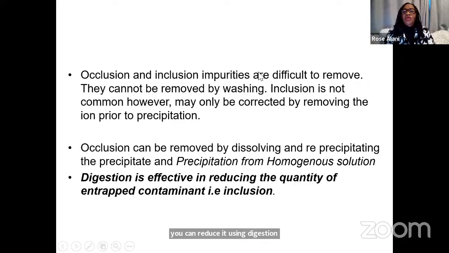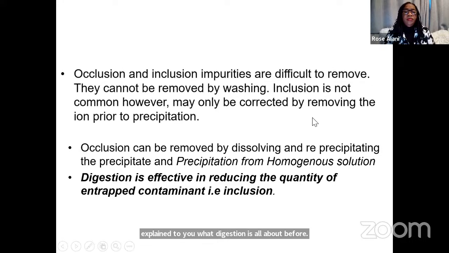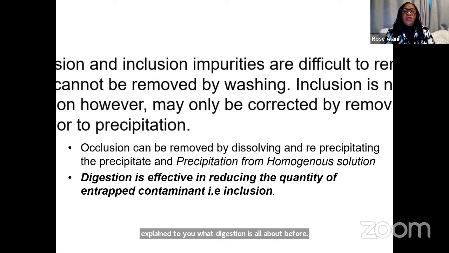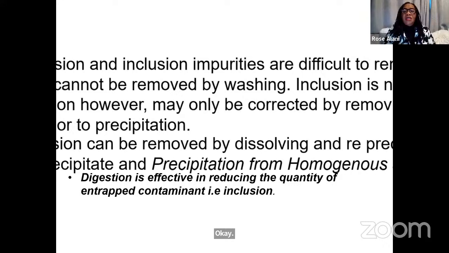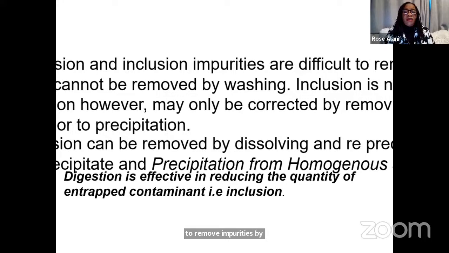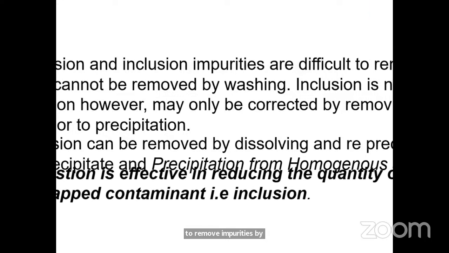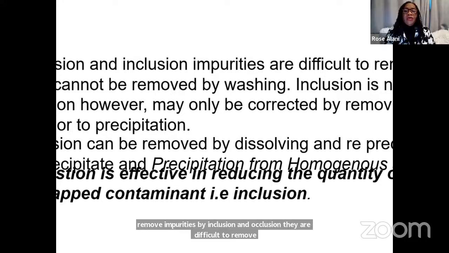I've explained to you what digestion is all about before. So I've mentioned inclusion is difficult to remove. Impurities by inclusion and occlusion are difficult to remove. Then I told you how to remove them.